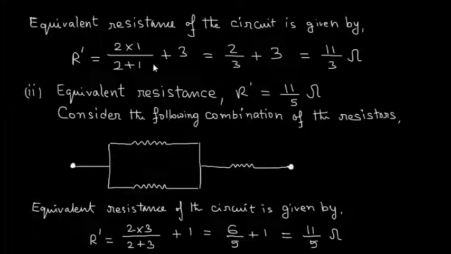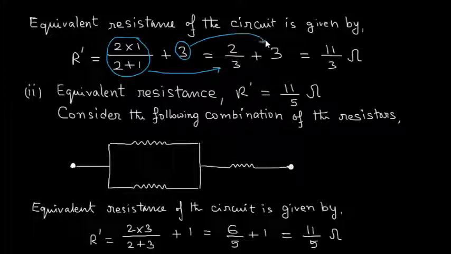Why? Because the 1 and 2 ohm resistances are in parallel and this one is in series. So after solving this, we get 2 upon 3 plus this 3. If we solve this, the solution will be 11 upon 3 ohm.